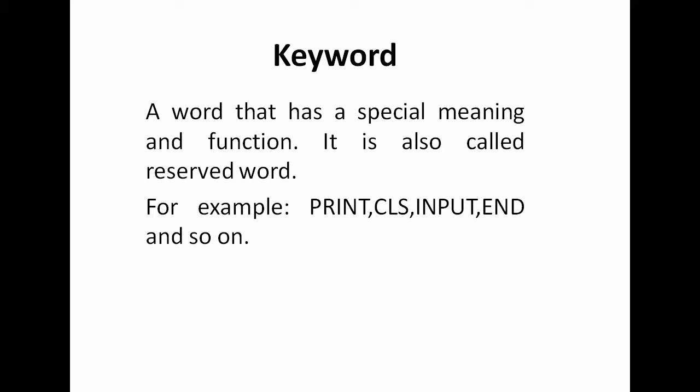Using this keyword, we clear what we have typed or written on the screen. Next is input. By using input, we can give some input to the QBasic program, and out of that input we will get some results.